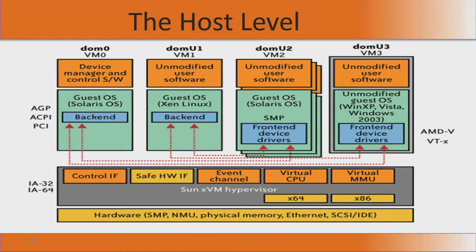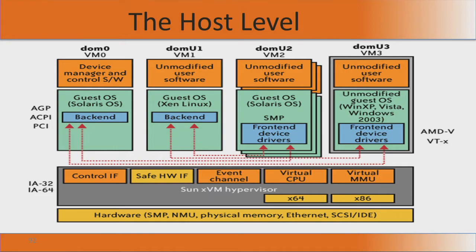On top of this hardware, there is the hypervisor, also called the VMM, the virtual machine manager. The hypervisor has a lot of interfaces to the upper layers: a control interface, a safe hardware interface, an event channel, a virtual CPU, and a virtual memory management unit.